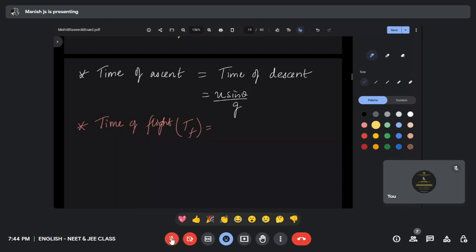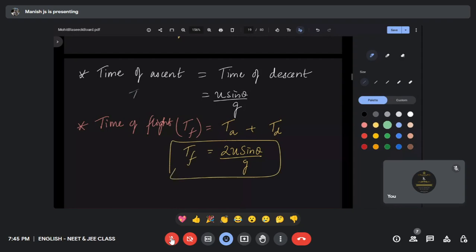Don't you think time of flight should be time of ascent plus time of descent? If we add both, we get time of flight. What would be the answer? 2u sin theta by g. Yes, it's going to be 2u sin theta upon g. You just need to add u sin theta plus u sin theta. That gives you the time of flight.